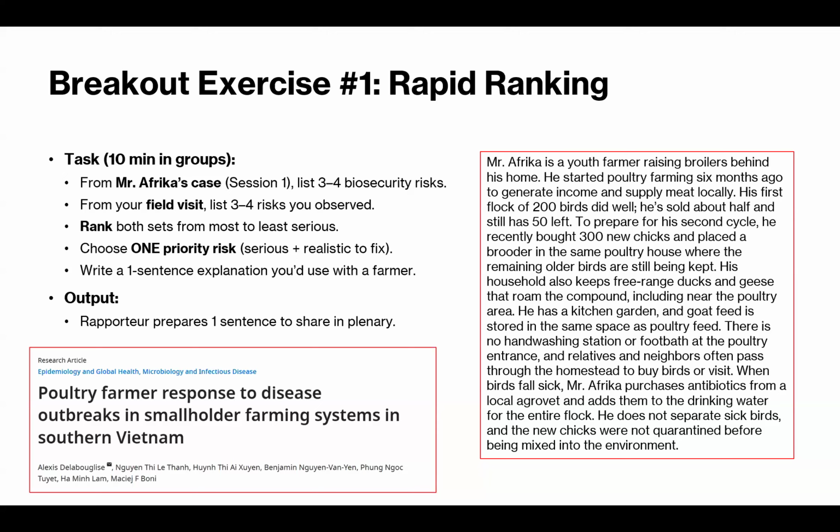Good afternoon, everyone. I think the most problematic thing we discovered, the biosecurity risk, is his mode of poultry farming. That is the way he puts his animals together.